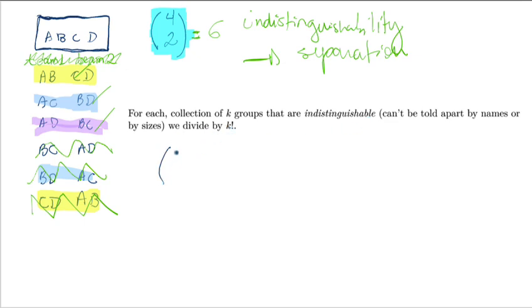So if we're doing 4 choose 2, and both of these groups are indistinguishable, then we will divide by 2 factorial, right? So this will be exactly the result that we have, okay?